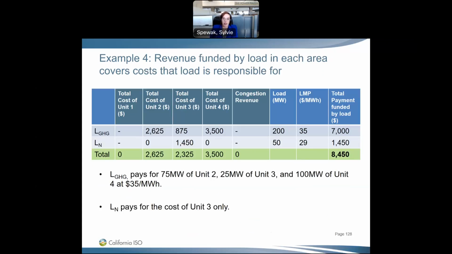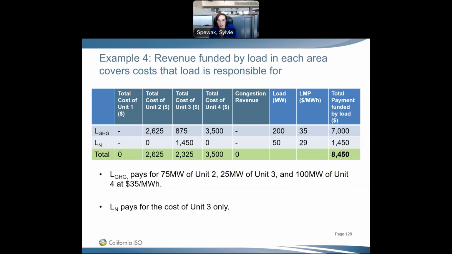Finally, let's make sure that everyone who's willing to pay for this stuff is paying for this stuff. So if we look at load in the GHG area, we've got 200 megawatts of load, and now the LMP is 35. So the total payment funded by load in the GHG area is $7,000, and that's going to be made up of the total cost of Unit 2, a portion of the cost of Unit 3, and the total cost of Unit 4.